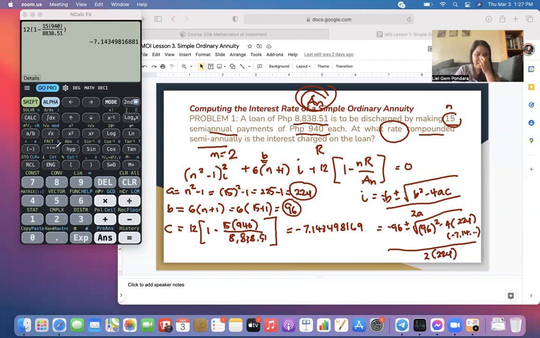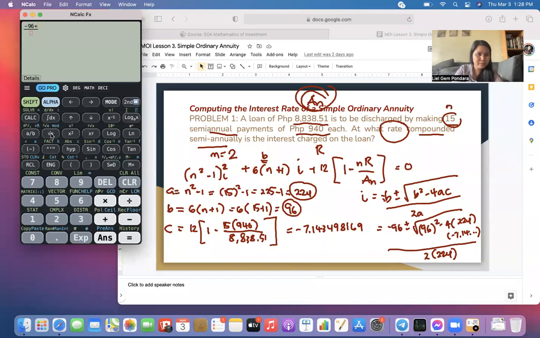Okay, here. Let's solve. In our calculator, we clear that. Negative 96, that's a plus and minus. We can have the plus first.